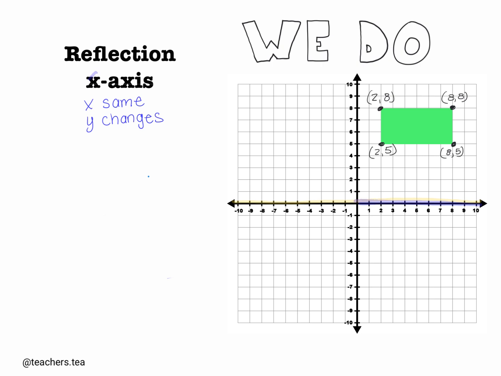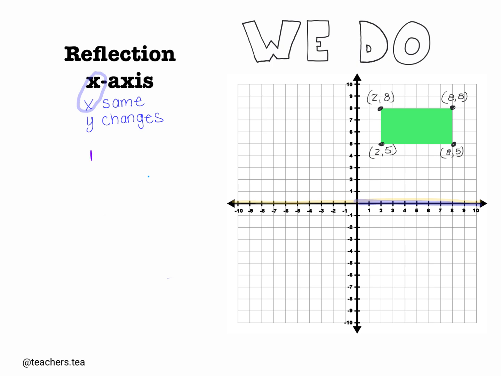So remember, when you're reflecting over the x-axis, the x stays the same, the y changes. So write down all your coordinates, change the y-axis, replot it, and then make your shape. You're going to pause the video now, then come back and see if you did the correct steps.